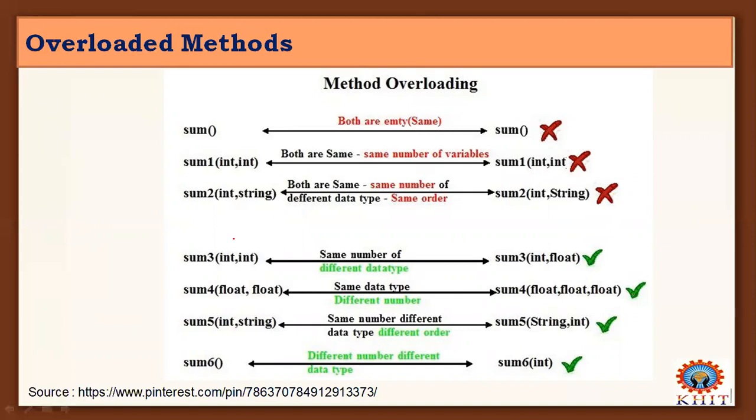don'ts here. For example, here the method name is sum, and here also sum. Defining the same name with empty parameters doesn't allow overloading. Both have an empty parameter list and the same name, so it's not possible here.